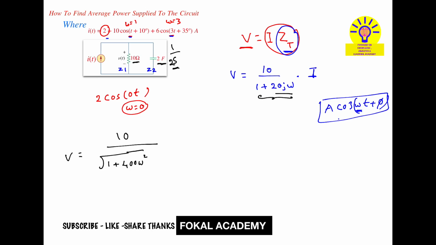So this is the amplitude, and the phase angle is tan inverse of imaginary part by real part, that is 20 omega by 1, that is 20 omega, into current I. Now we can easily find the corresponding voltage values. For DC we get the corresponding DC voltage, and for each of the other signals the corresponding voltage.